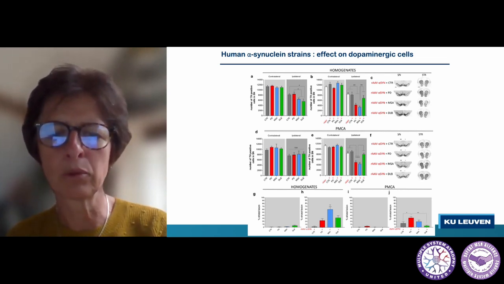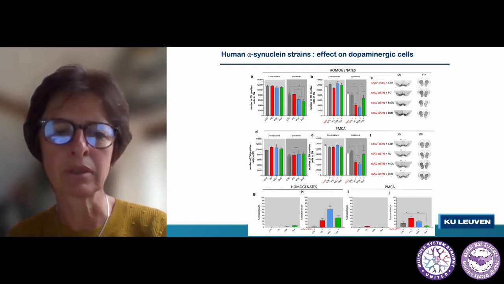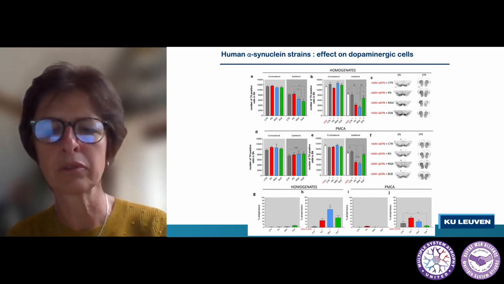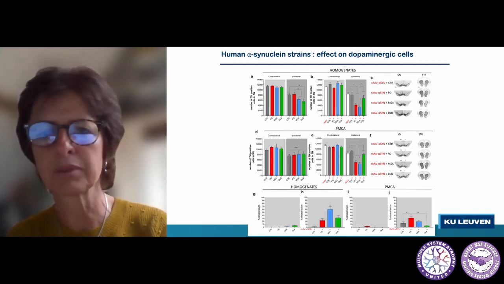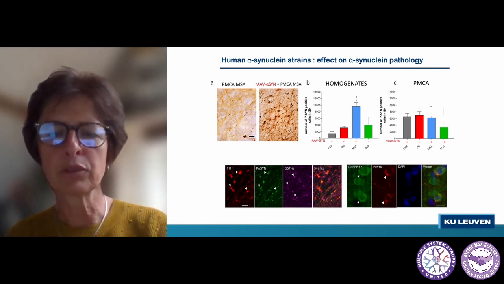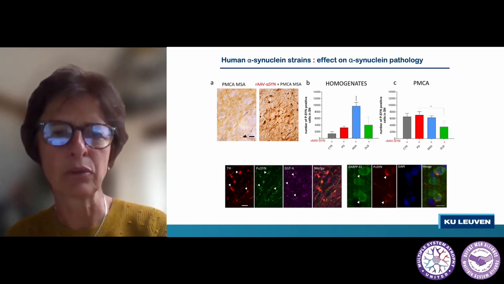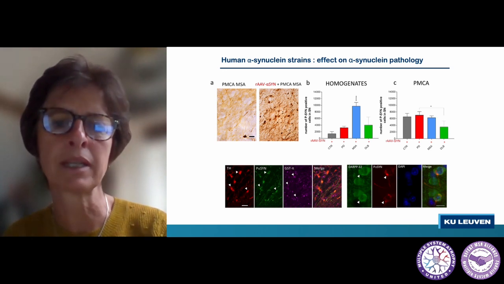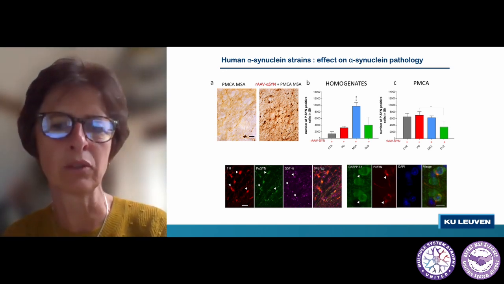And also, if you look at the nerve terminals, the MSA-derived material caused the most dopaminergic nerve terminal loss compared to the other groups. Then we also looked at alpha-synuclein pathology. We stained for phosphorylated alpha-synuclein, which is a marker for pathological inclusions.